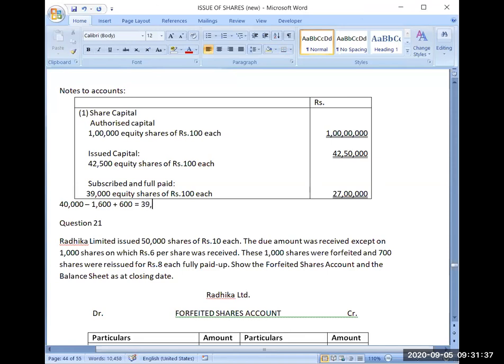So it will become 39,000. Then 39,000 shares have paid you full amount. So the amount will be here 39 lakh.